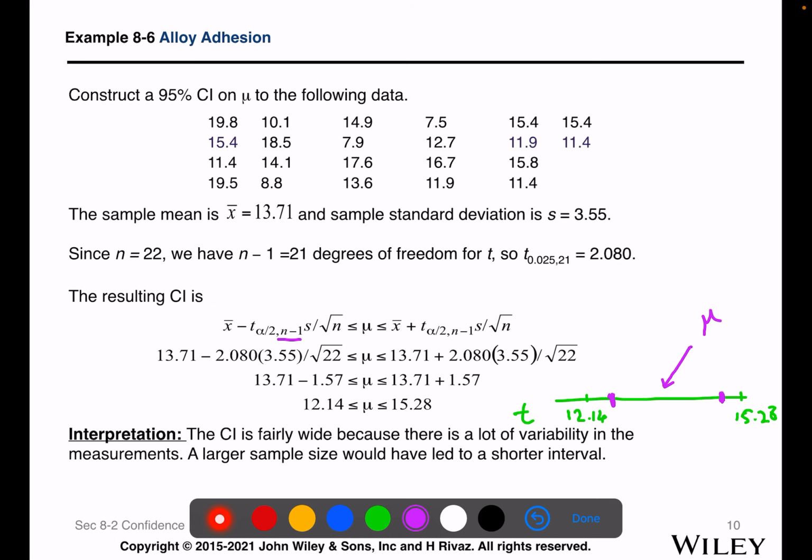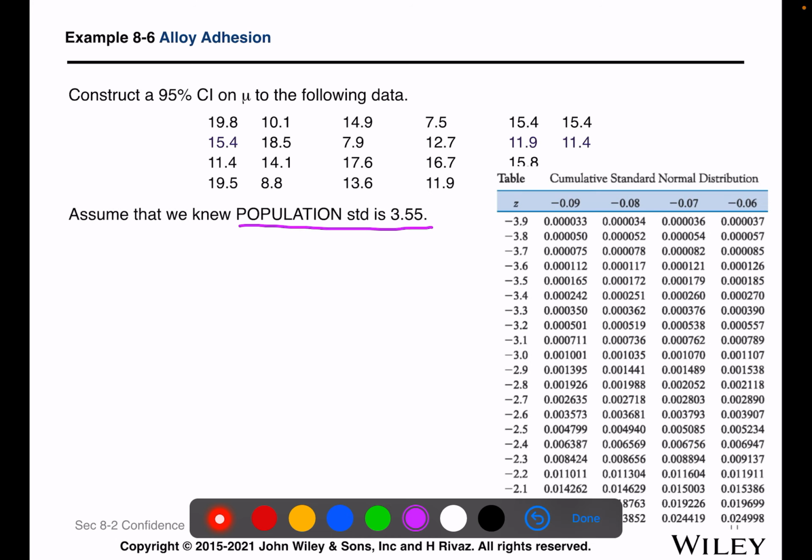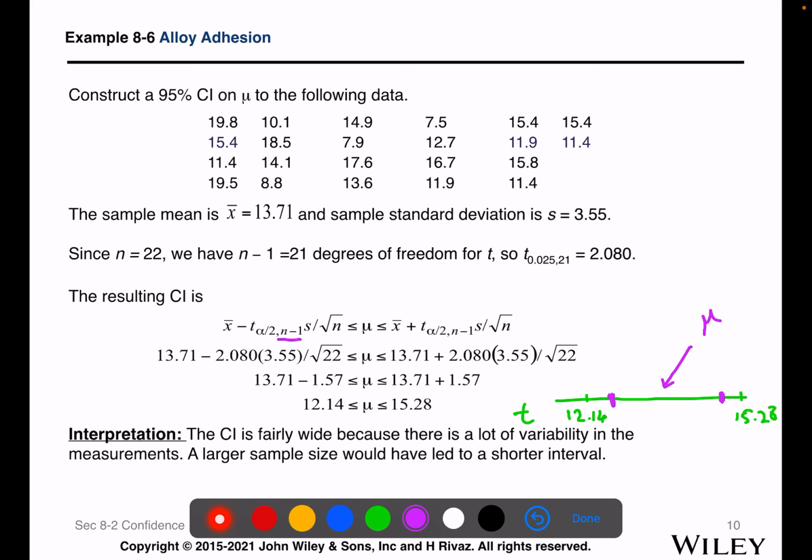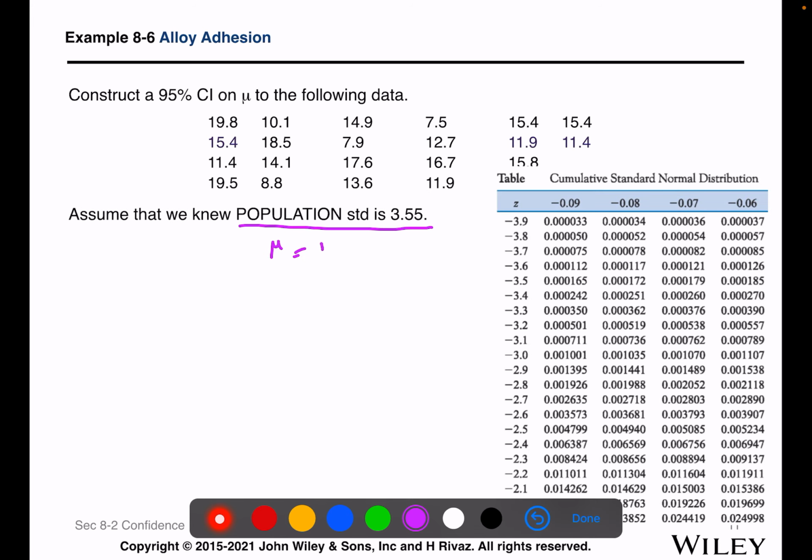For example, if the question tells us to assume that we know the population mean, what was the X bar that we calculated? 13, right? In fact, instead of a 95% confidence interval, we can calculate a 100% confidence interval, and that confidence interval is exactly the number 13, because the question already gave us what mu is.